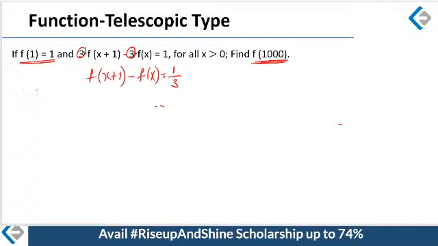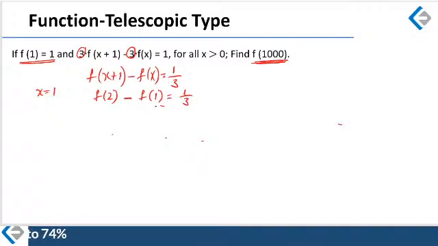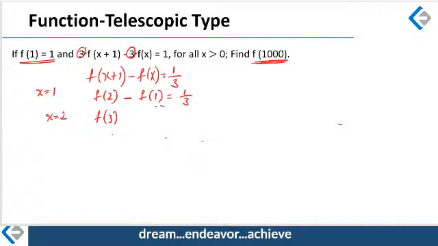Okay, let me first put x is equal to 1. If I put x is equal to 1, I'll write this as f of 2 minus f of 1 is equal to 1 by 3. It's a constant function. Then you put x is equal to 2, and you will write f of 3 minus f of 2.